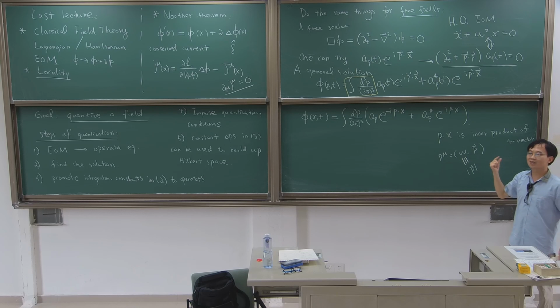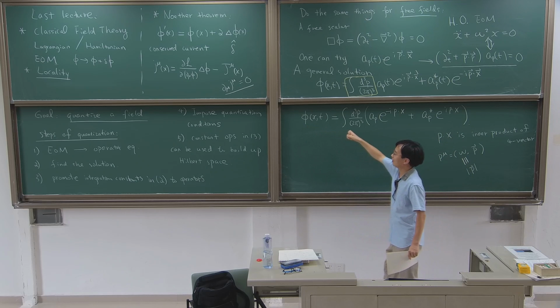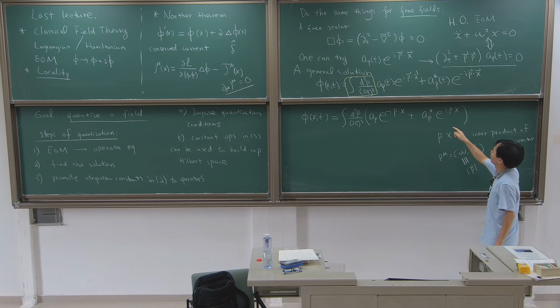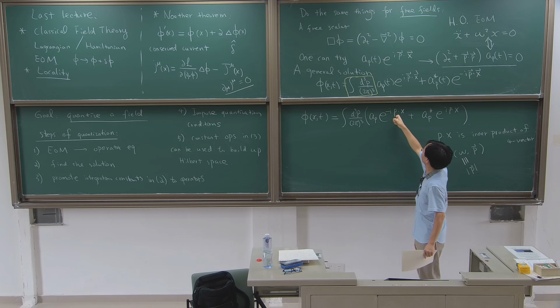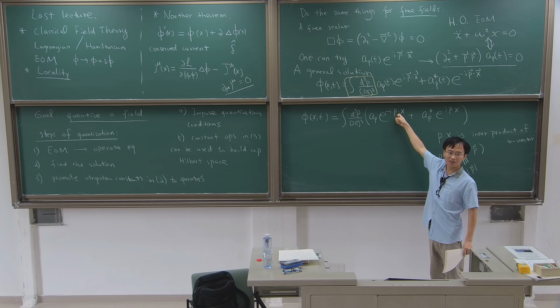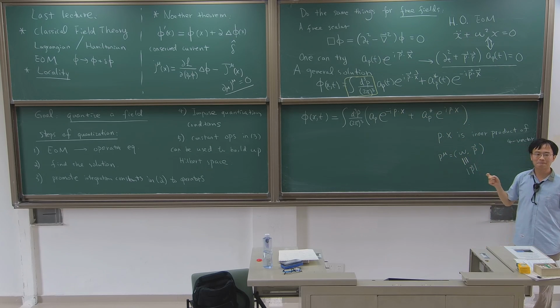Now, the additional structure in this form, to express a field, compared with harmonic oscillators, is that we indeed have more space, p space, and there we have a p-independent piece here. But it's okay, right? You can just fix p to see this is nothing but a harmonic oscillator.